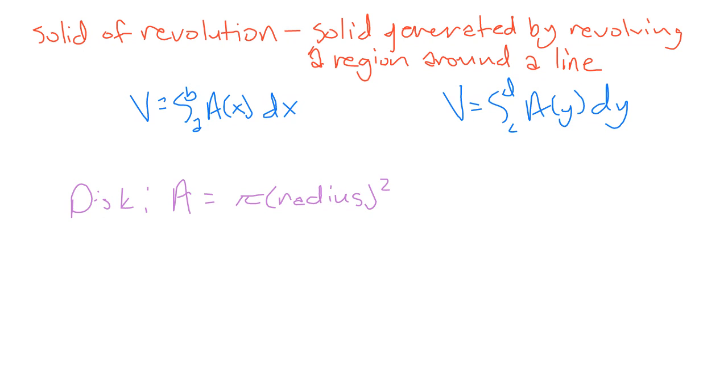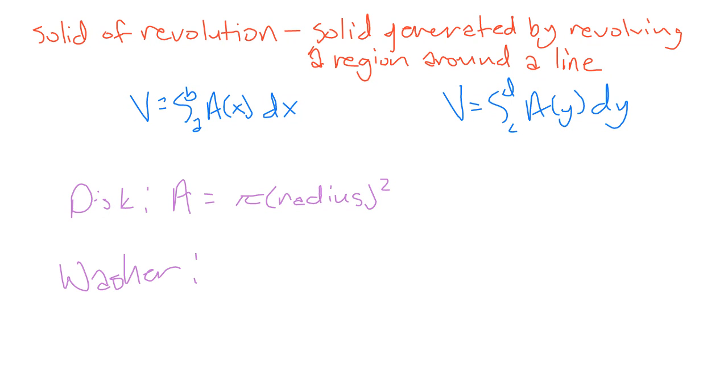So for example, in that last example, we rotated around the x-axis. Therefore, our radius was going to be y, which we knew y was equal to 6 minus x squared, and y also equal 2. And that also brings us to our washer method as well.